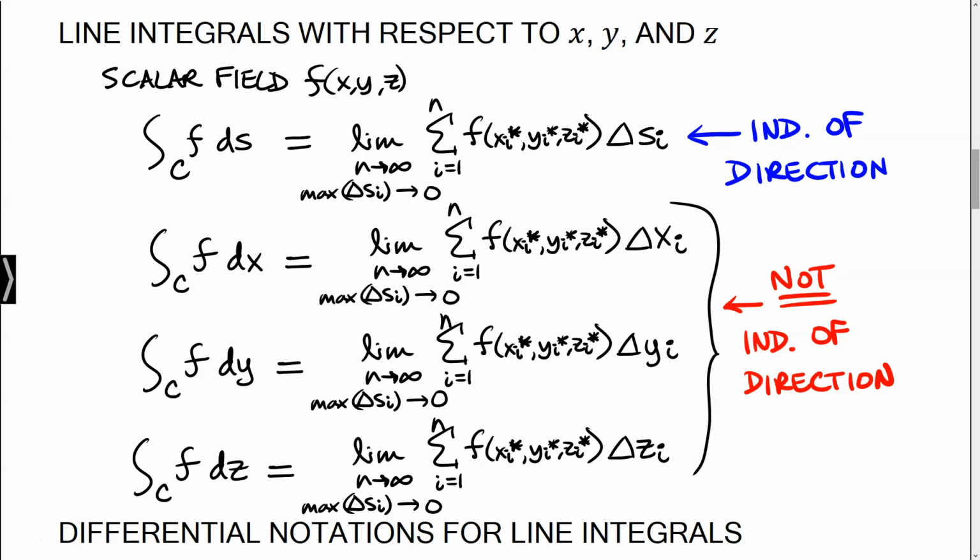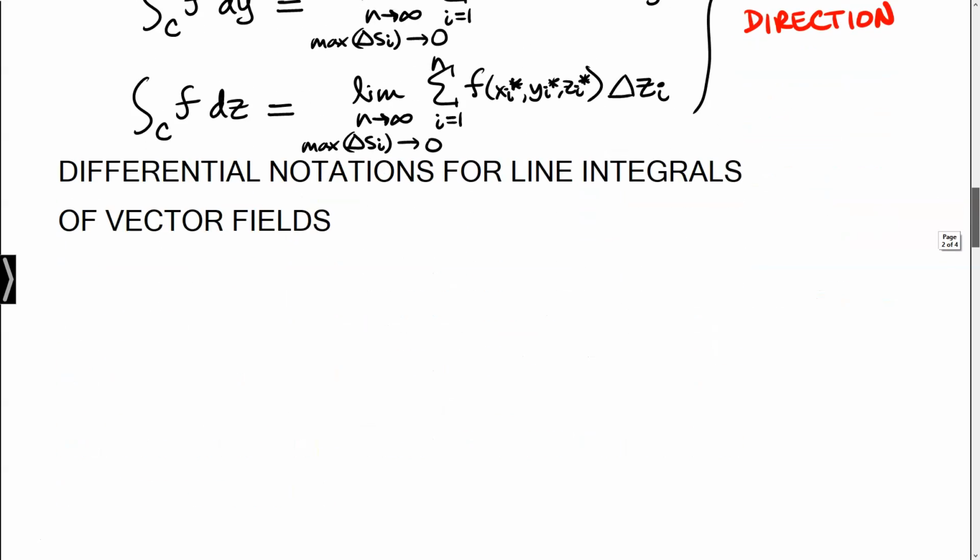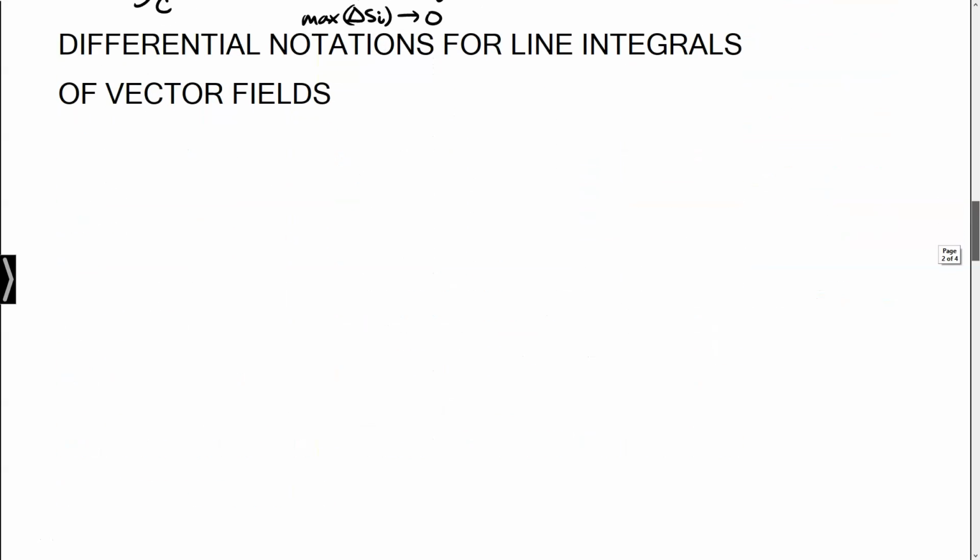Okay, so before we get to a couple examples, let me just write out some of these different notations here. These are differential notations for the line integral of a vector field. So what we're going to suppose now is that our vector field is broken down into components. So we can write it as P, Q, and R, where each of these are functions of 3 variables.